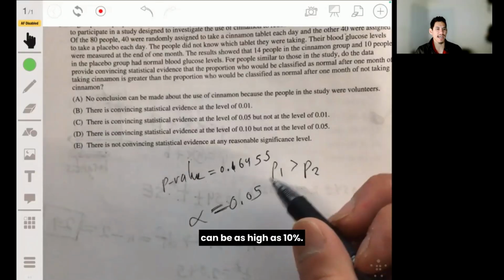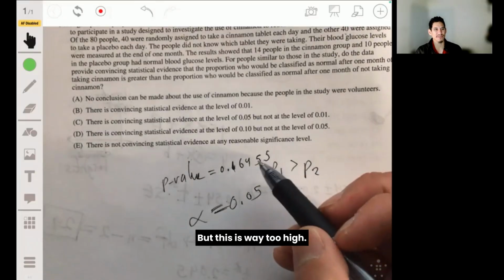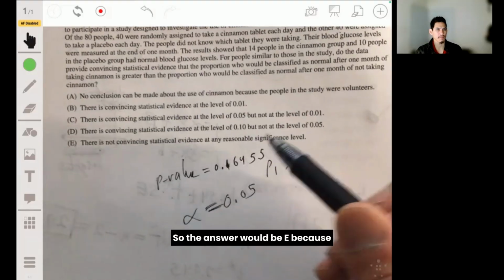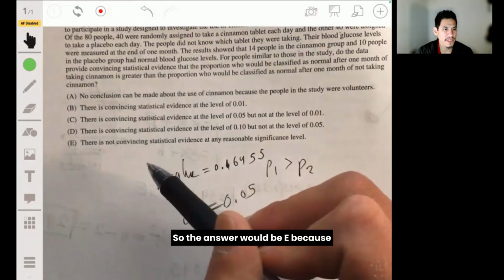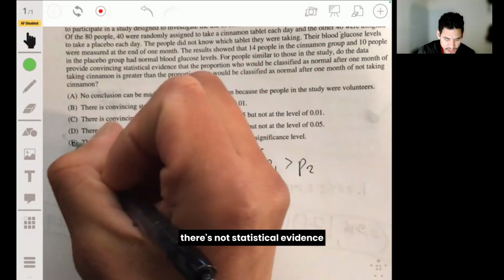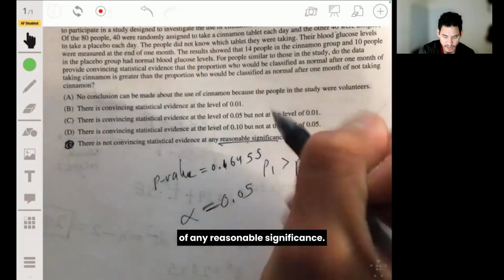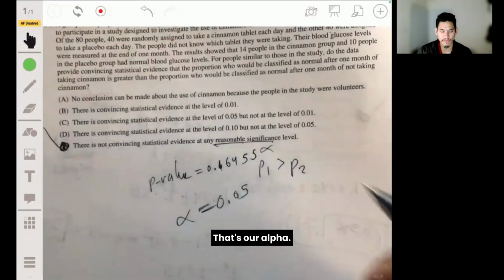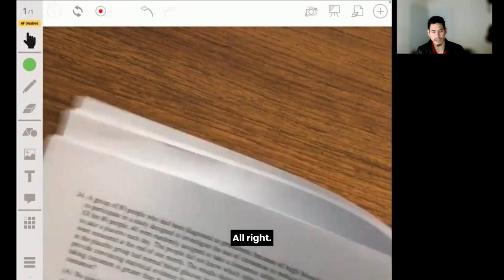Sometimes in business it can be as high as 10%, but this is way too high. So the answer would be E, because there's not convincing statistical evidence at any reasonable significance level. That's our alpha. All right.